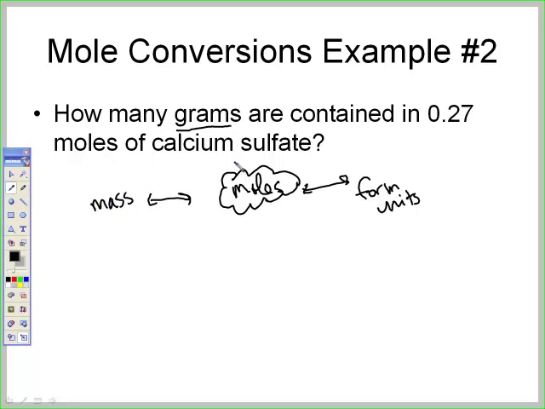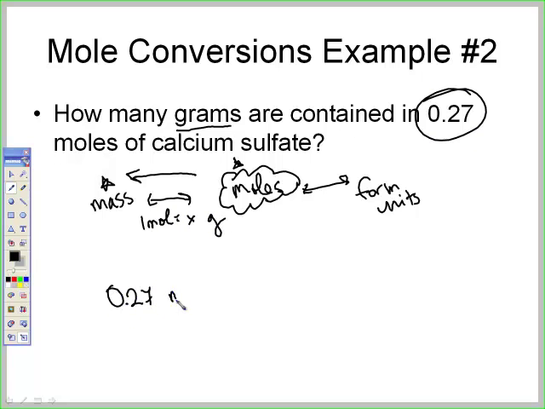I am going from 0.27 moles to mass. So this is just a 1-step problem, and one that I need my molar mass for. 1 mole equals X grams. So I'm always going to start with my given, which is 0.27 moles. And I said it's a 1-step.